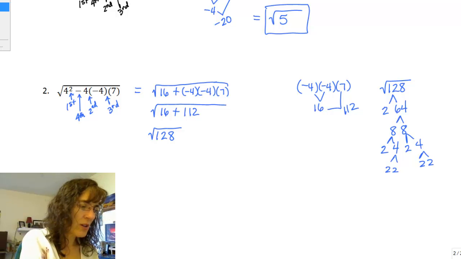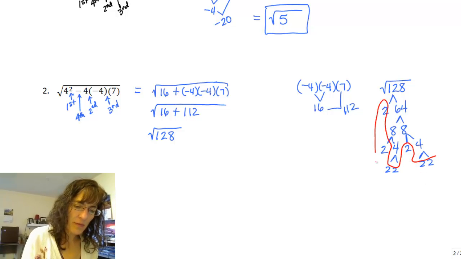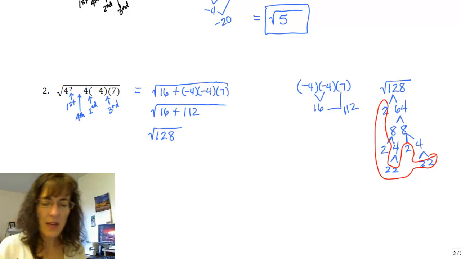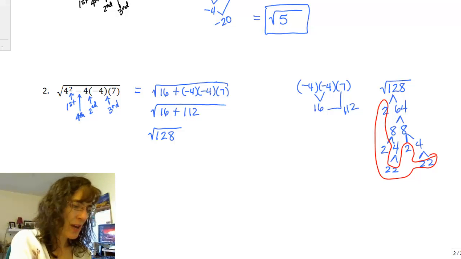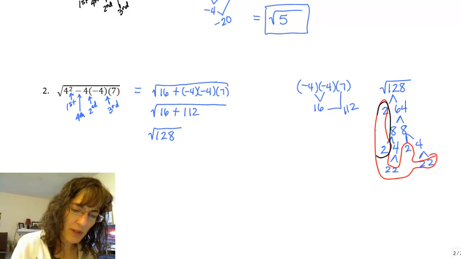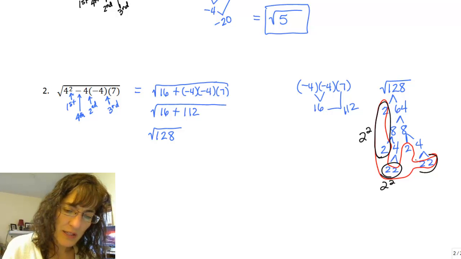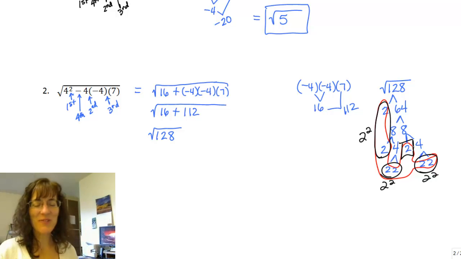So when I get all of those numbers factored down to the very bottom, then I can start looking for pairs. I want 2 numbers together because that will give me a perfect square, and that's going to be a 2 squared, and here's a 2 squared, and here's a 2 squared, and 1 2 left all by itself that doesn't have a square.